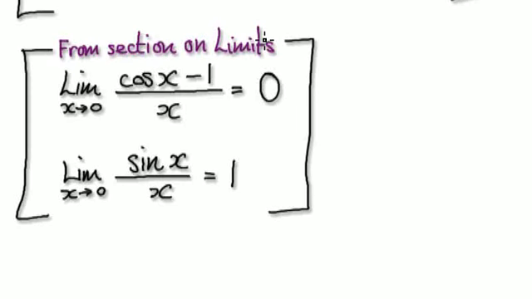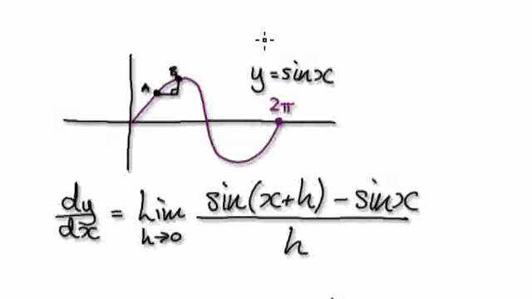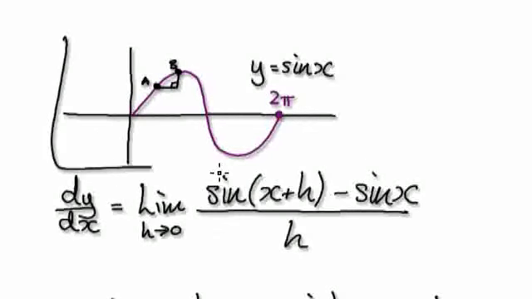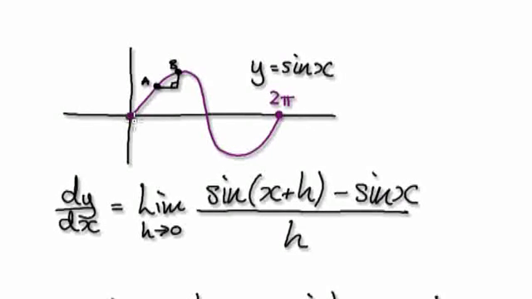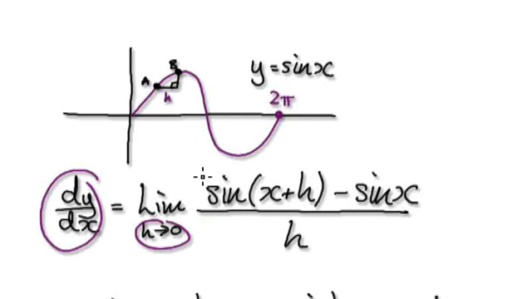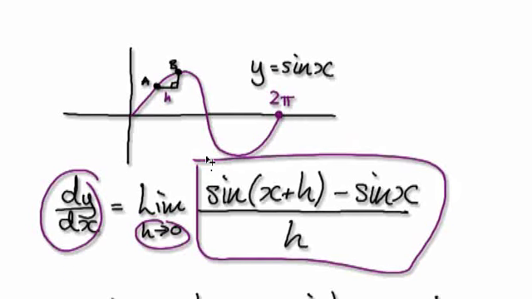Okay, so to find out the derivative of sine of x, first we need to sketch our graph here. So start by sketching your graph y equals sine of x, and it will be something like this. And then set up 2 points A and B, and then take the limit as h tends to 0. So the true gradient exists when you start to take the limit as h tends to 0 of this thing here.